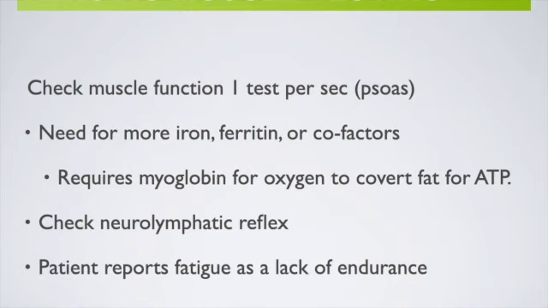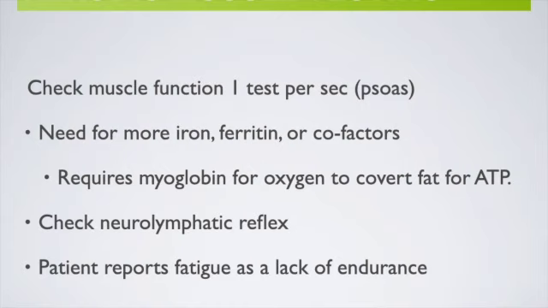And often what Dr. Goodhart found early on was a need for iron, and then other cofactors, pantothenic acid, B vitamins, things that were involved with the conversion of fat to ATP.